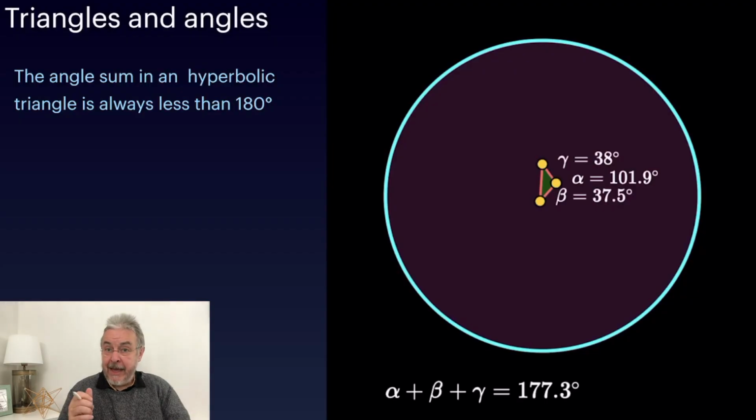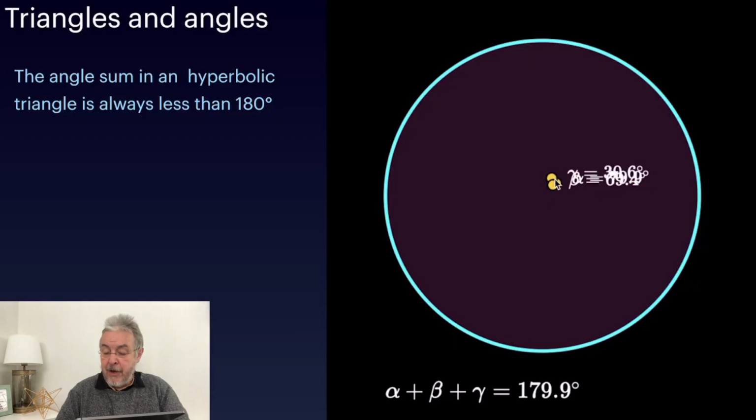So in the limit case, if you focus on an epsilon neighborhood of a point, then the measurements there will look like Euclidean measurements. So let's move the points even closer together to see that you can get even closer to 180 degrees. And now you see I'm pretty close.